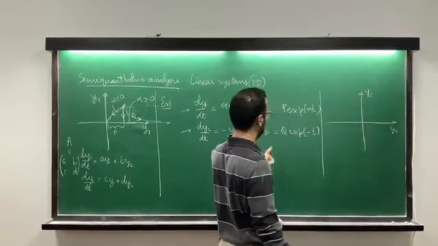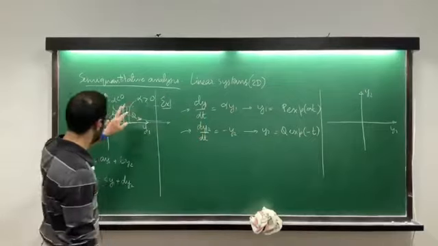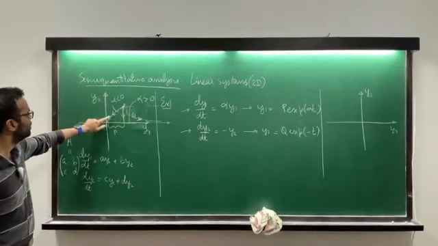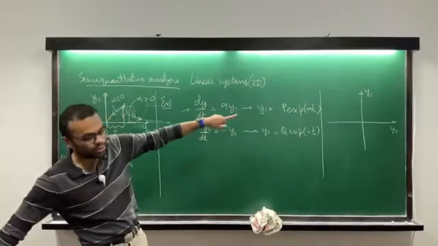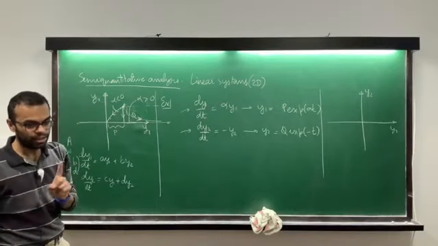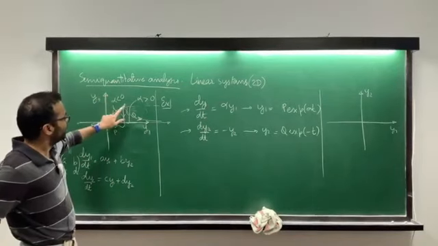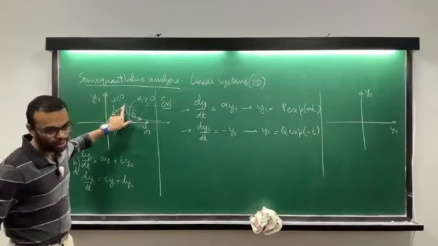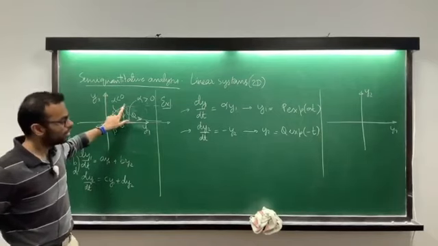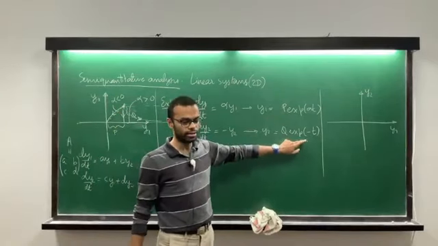For alpha negative, and again, there's another subtlety, maybe I should mention that as well. For alpha negative, it's going to decay to the origin, but depending on the exact magnitude of alpha, if the magnitude of alpha is less than 1, then this guy is going to decay slower than this guy.